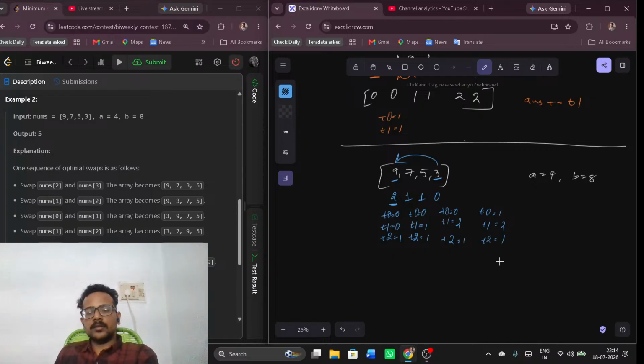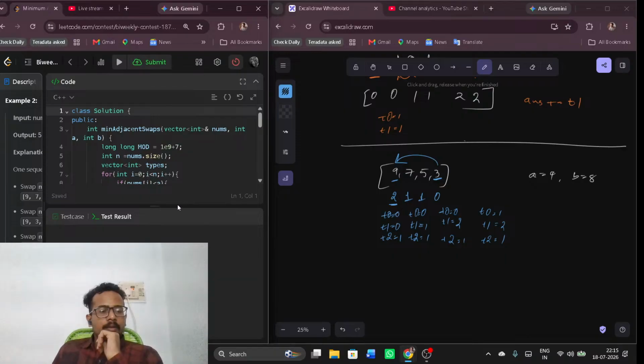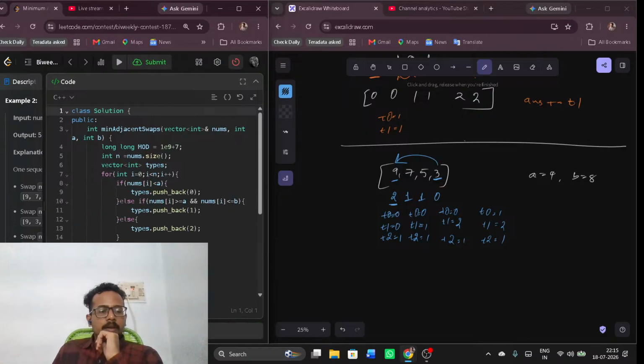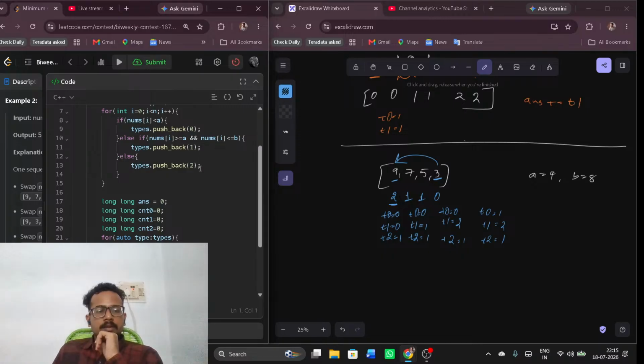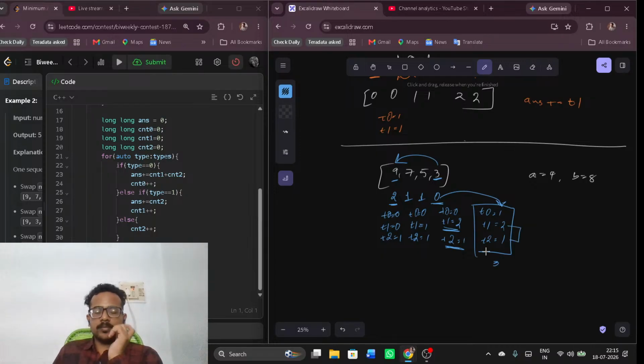Let me tell you here, when I am having type 0, answer will be how many times I have count of type 1 plus how many times I have type 2, 2 plus 1, which is nothing but 3.